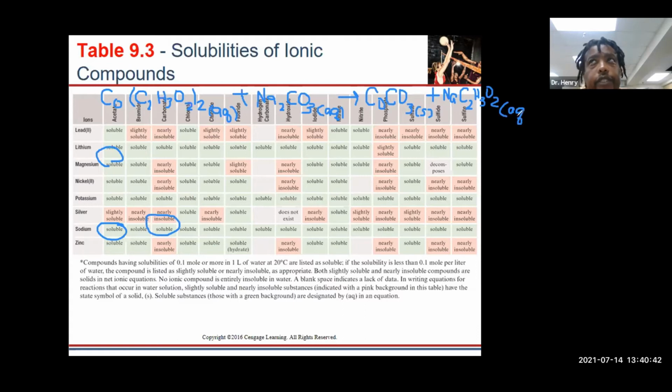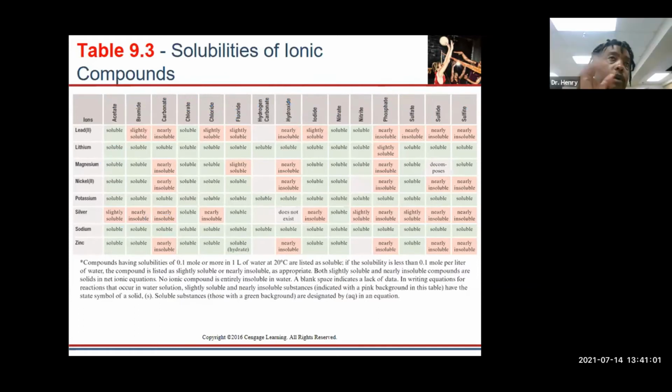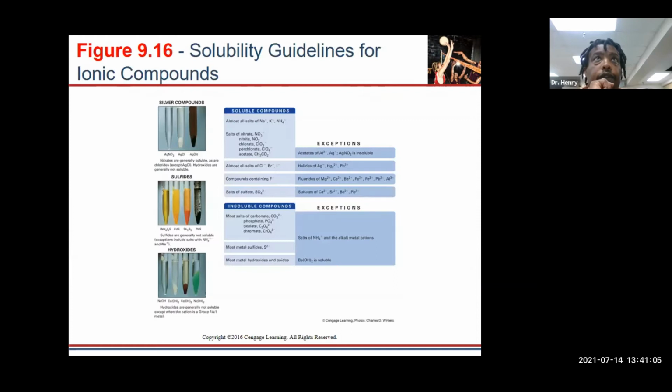Okay, do you guys see how it works? Okay. If you don't want to use this table, you can also just memorize this. This lets us know what is going to be soluble and what's going to be insoluble.